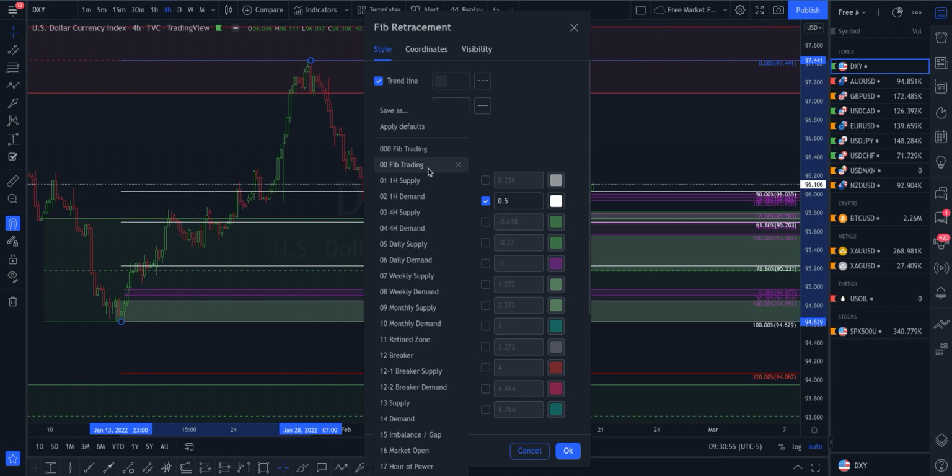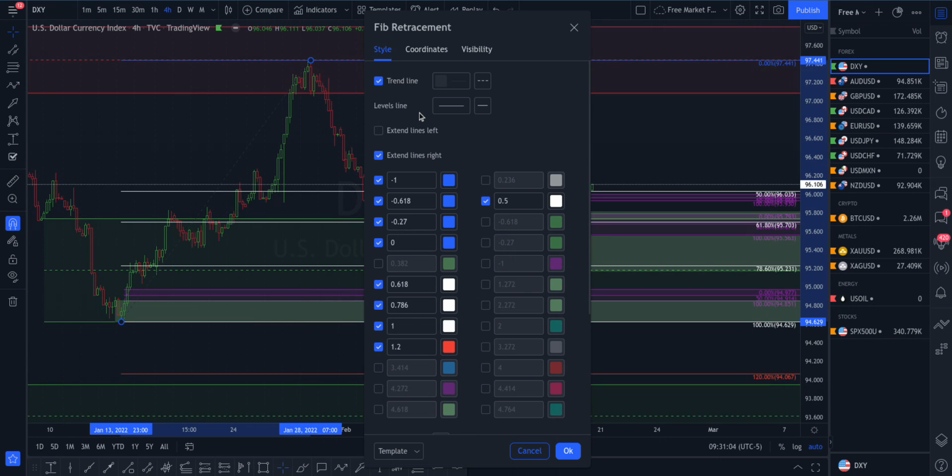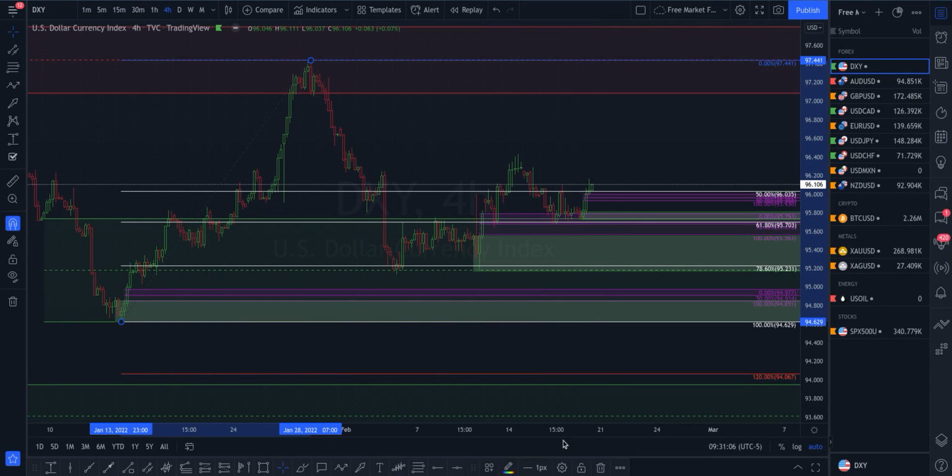Let's save as fib trading. Now, if you don't know, based on past videos, I really like the 78.6 and the 61.8% retracement levels to look for entries.